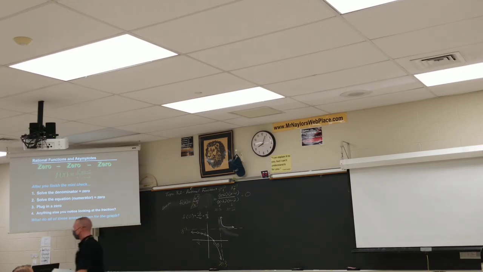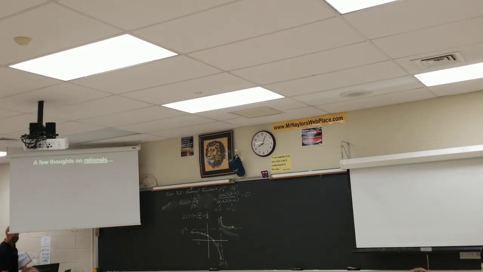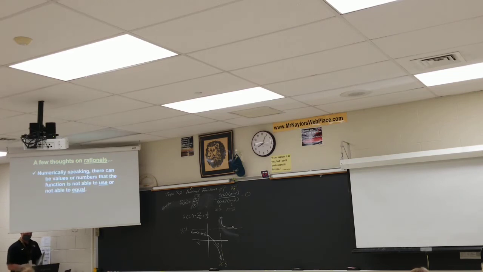Something you want to understand, and I'll be honest, the teacher never told me, but I want you to know why things are happening in math, is that when you have a rational function, there's going to be numbers that you can't use or you can't equal. I don't know if you need to write that down, but I just want you to hear it. The reason that we have all this business going on is because there's numbers that we're not able to use or not able to equal.